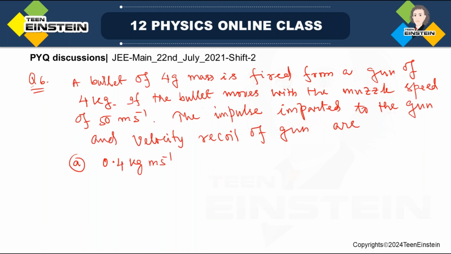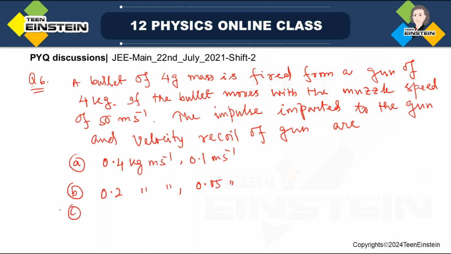Option A says it is 0.4 kg meter per second and velocity is 0.1 meter per second. Option B says it is 0.2 kg meter per second, and velocity is 0.05 meter per second.